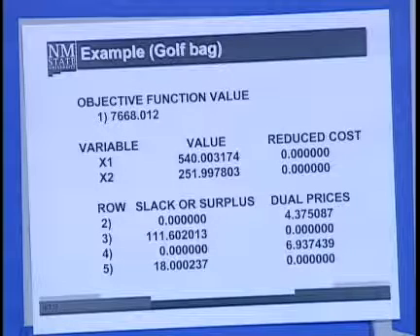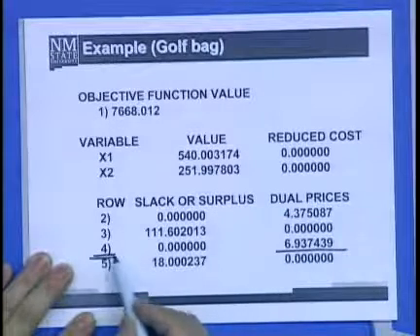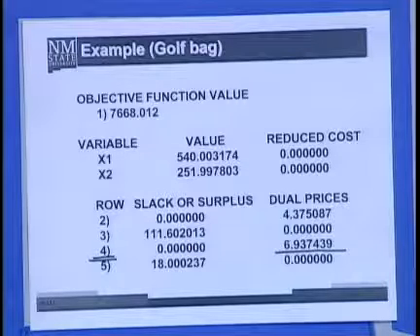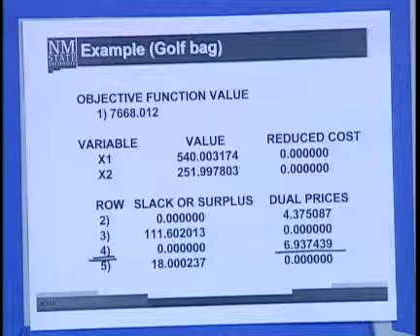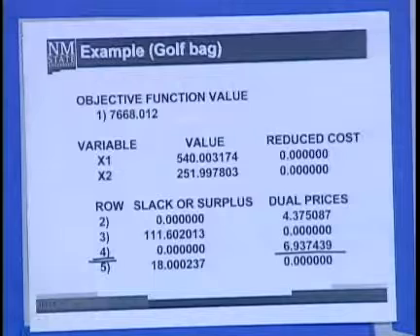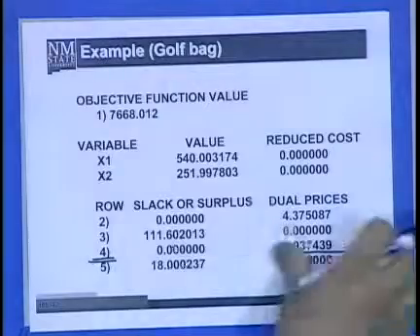And here, the dual price is 6.93 for row number 4, right? Which means the objective function will increase by $6.94 per additional hour of the finishing department. Okay? Isn't it very easy, right?